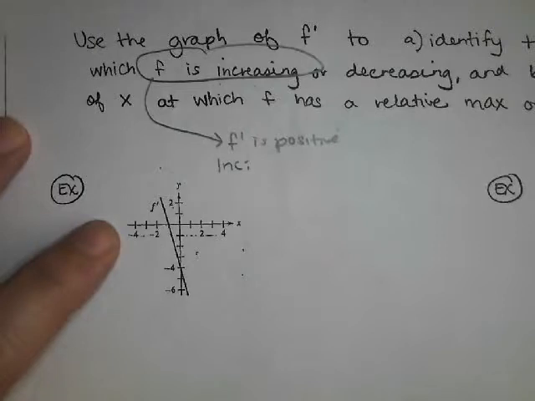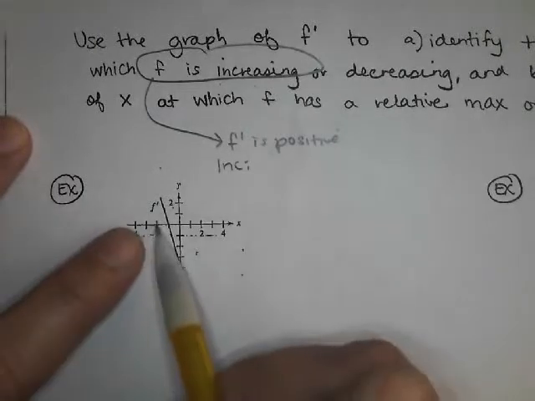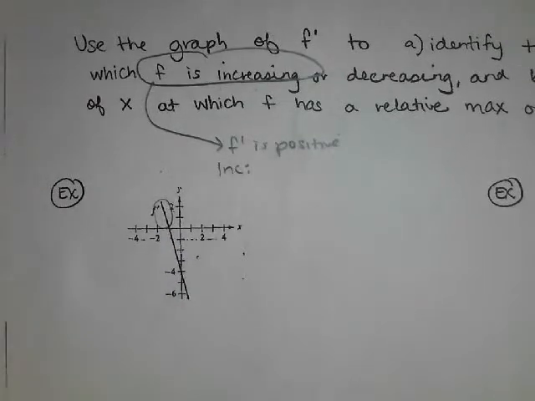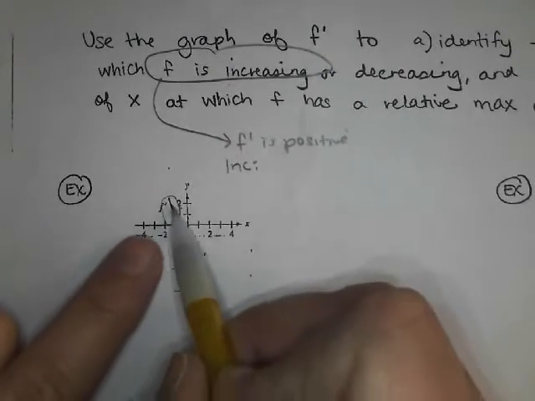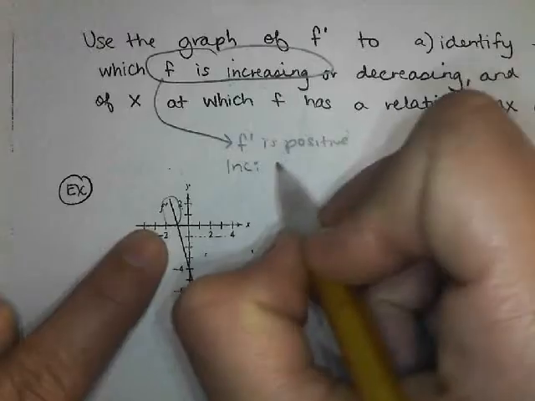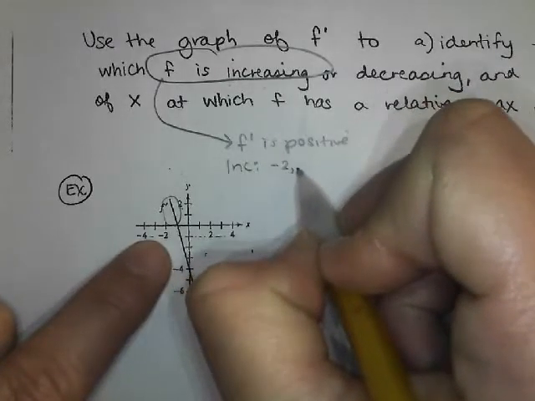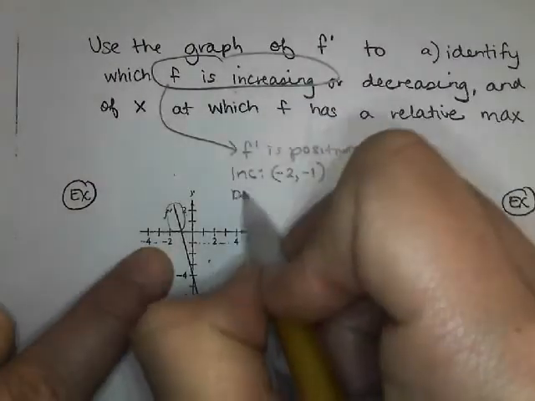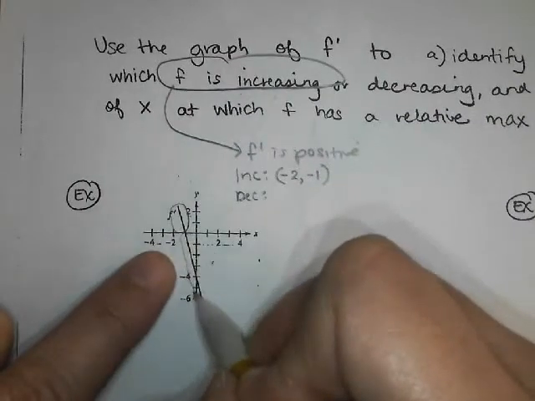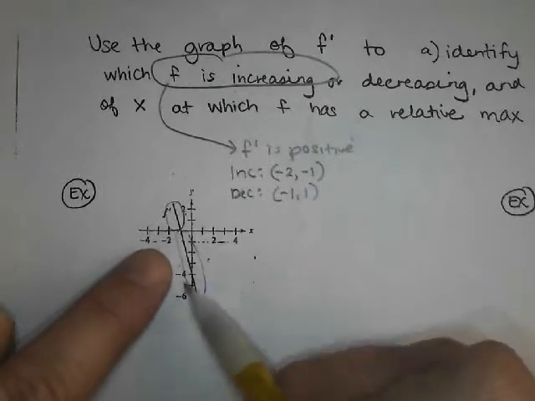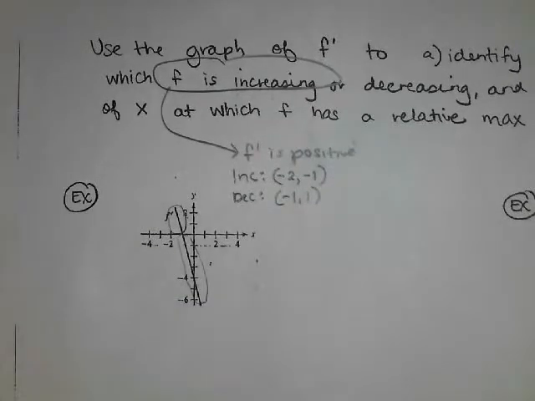From -2 to -1, this is positive, because being a positive graph means that you're above the x-axis, not having a positive slope. So because the derivative is positive here, above the x-axis, then the function itself is increasing from -2 to -1. And it's decreasing from -1 to 1, because that's where the slope, the derivative, is negative.